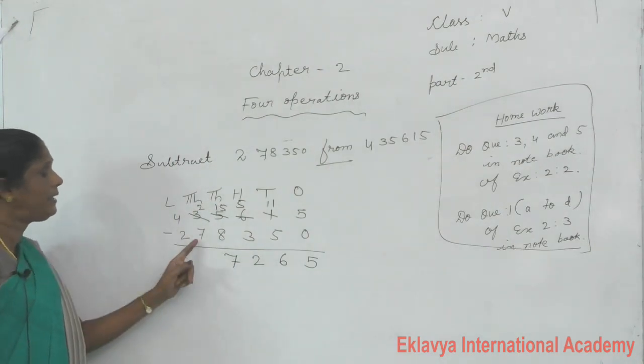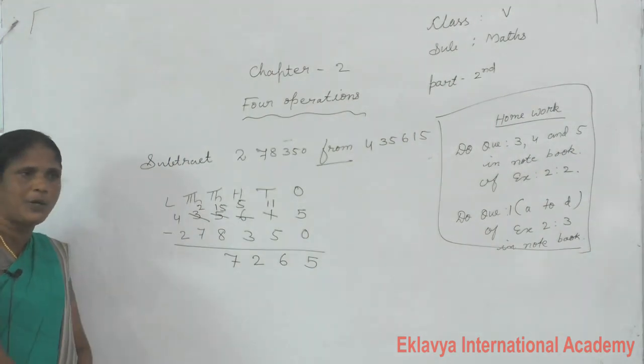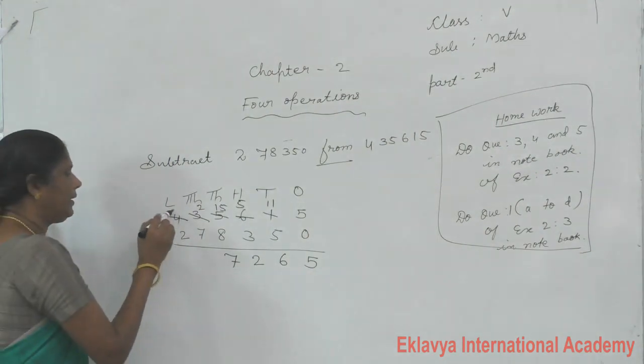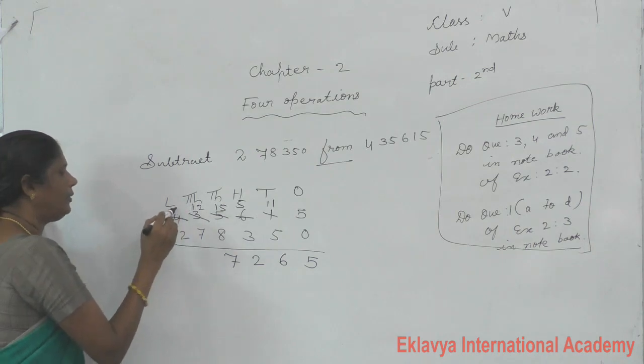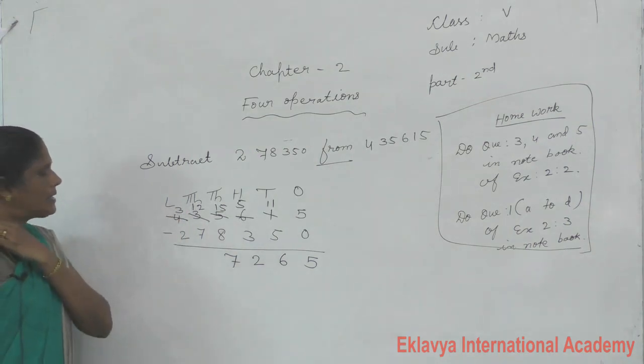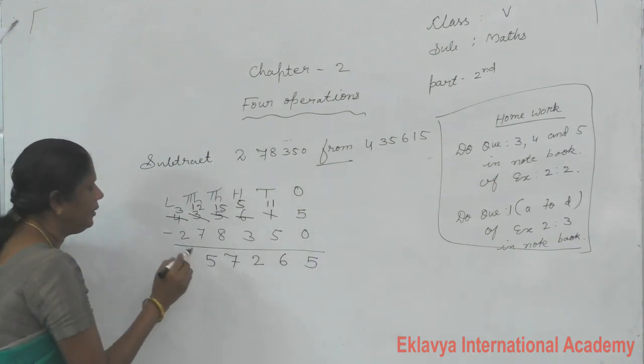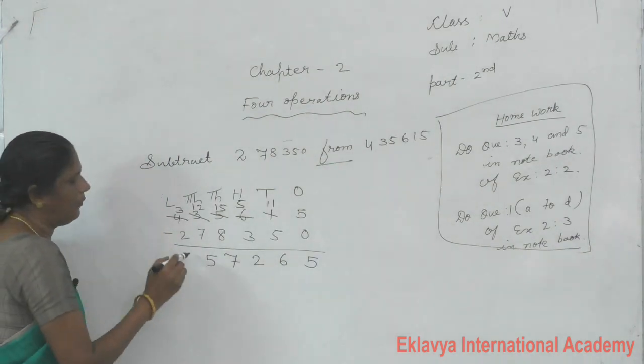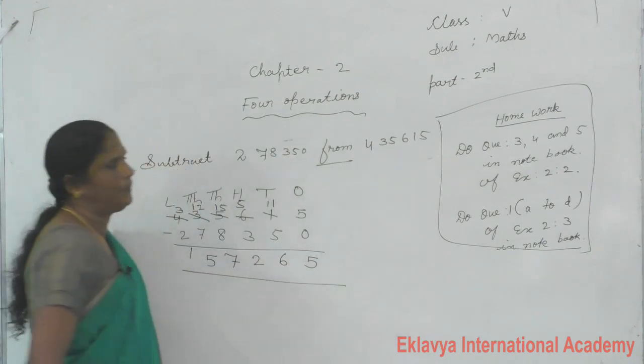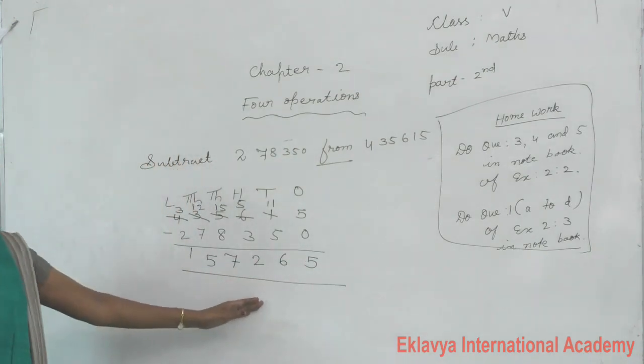Then 7 take away from 2, is this possible? No. We take again a borrow. Here 12. 7 take away from 12, you get 5. Then 2 take away from 3, 1. This is our difference.